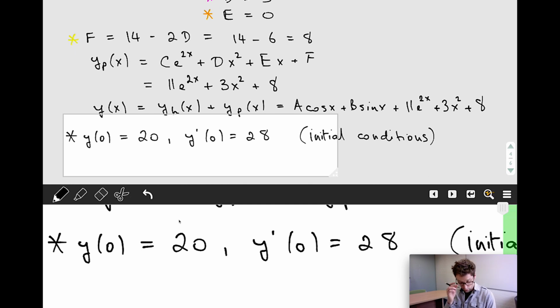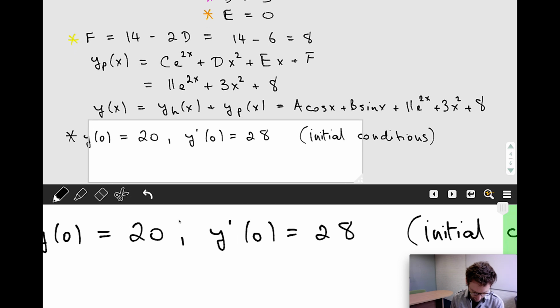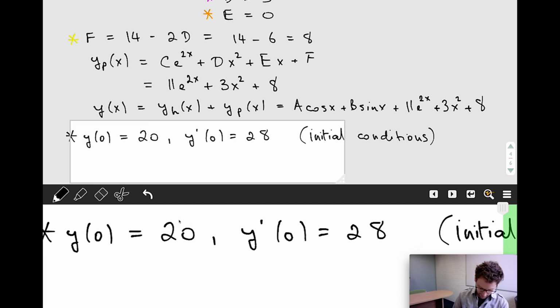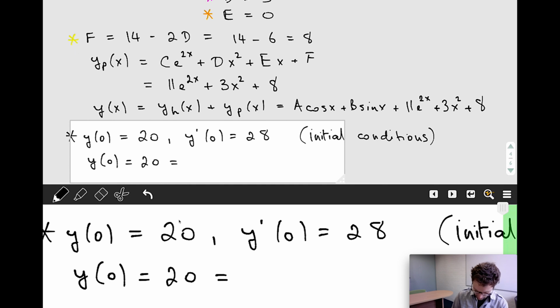I couldn't do that, of course, until the very end of this problem because I didn't know what the form of yp would be. So now that I have that, I can figure that out. So let's put in y at 0. We saw that that is equal to 20, so let's substitute in x equals 0 into my solution here.